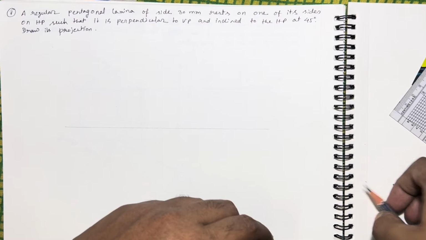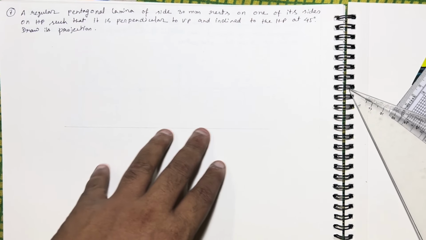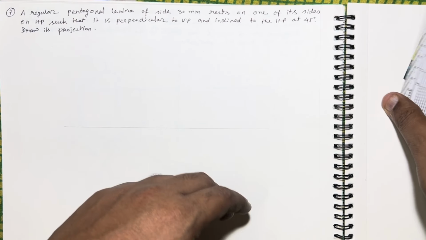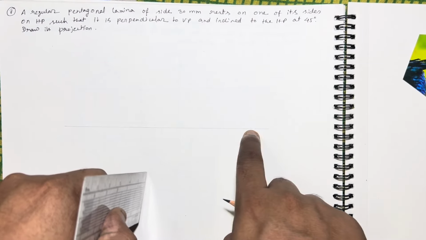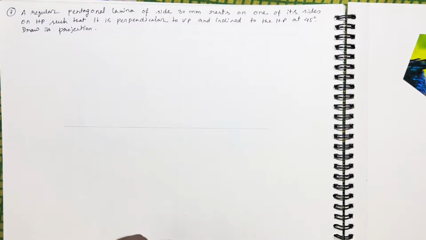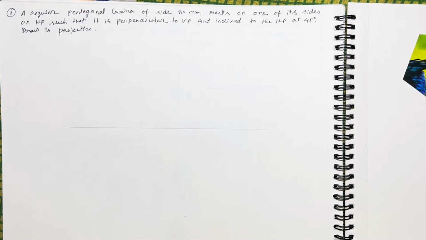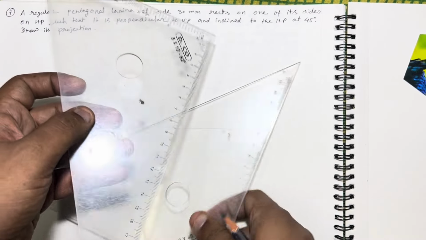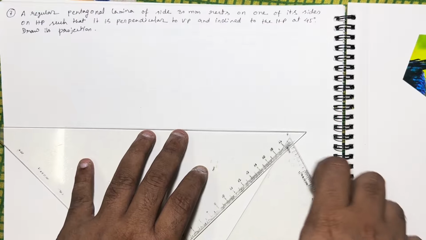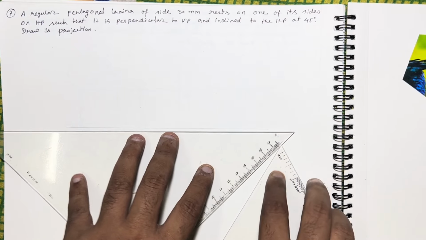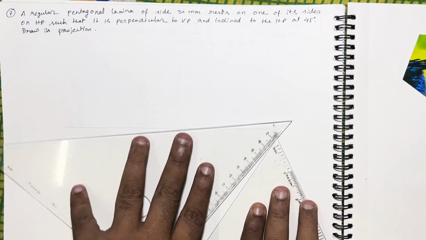So at first we make the reference line, that means the line where horizontal and vertical planes meet. So this is the reference line here. First we make a vertical line to this.